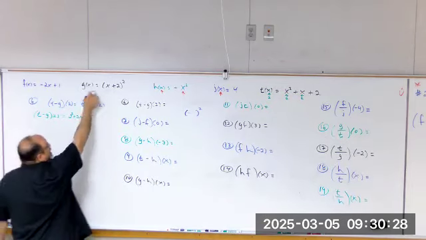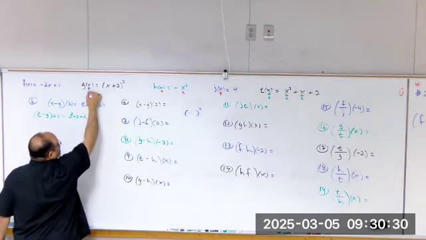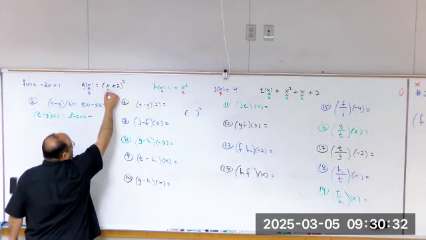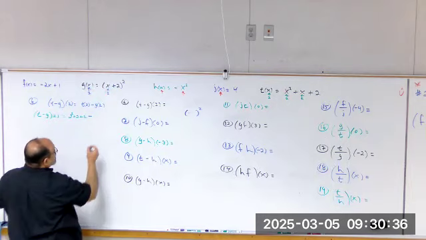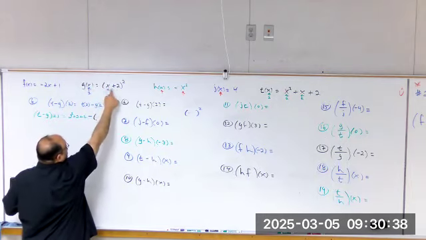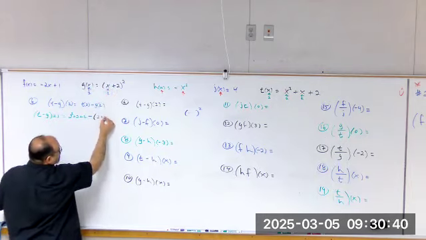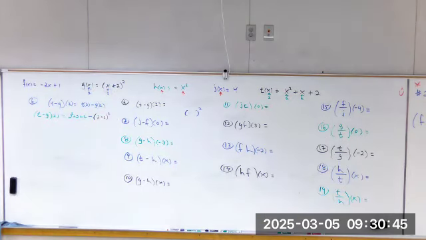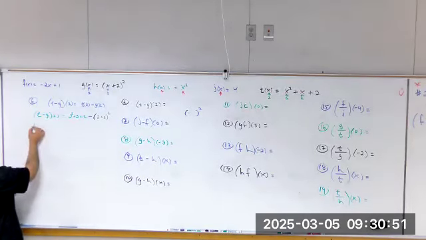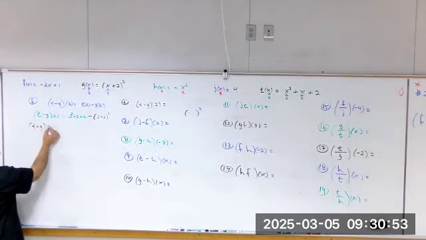Now what's nice is g of 2 actually comes with its own parentheses. It's already there in a parentheses. And then 2 plus 2, and then you're going to square that. I don't need to put an extra parentheses. Minus g of 2.